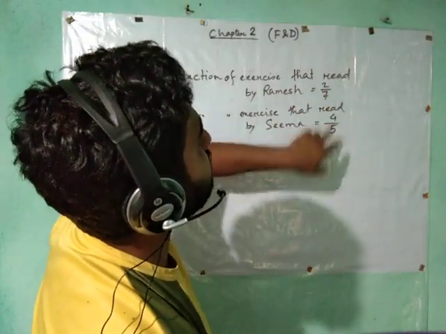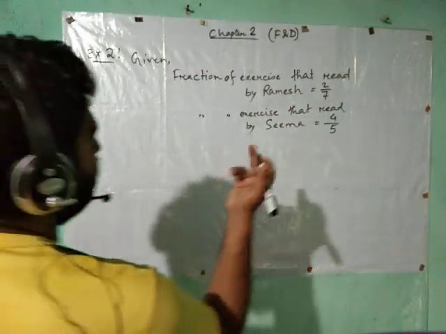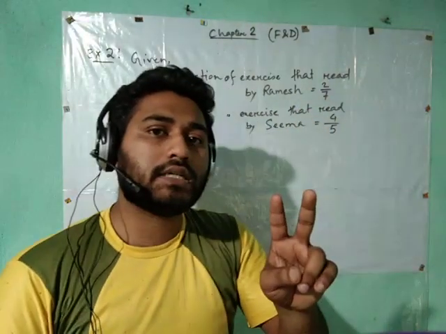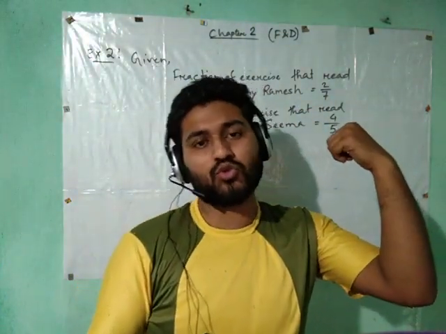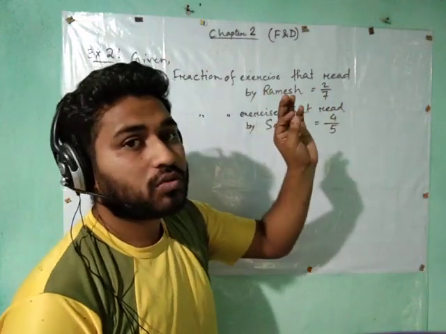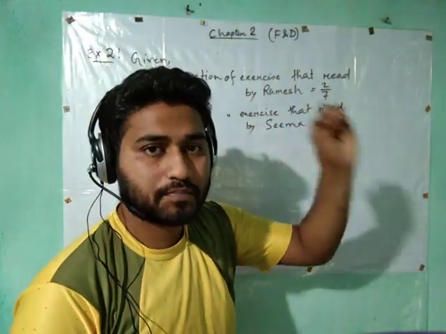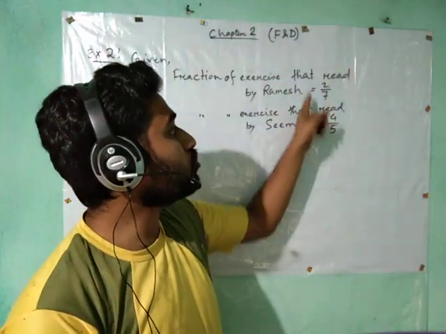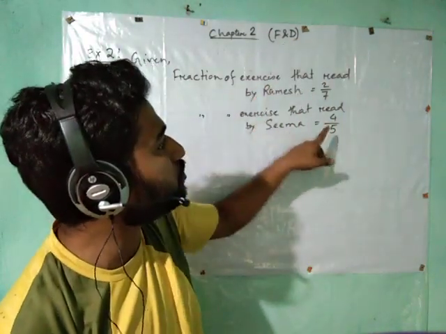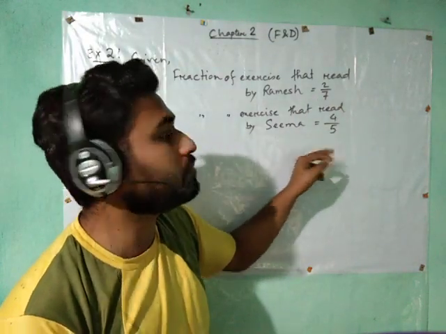Simply you have to compare these two fractions. Okay, how will I compare? There were 2 methods of comparing 2 different fractions having no similar denominators and no similar numerators. Here the numerator is 2, here the numerator is 4, here the denominator is 7, here the denominator is 5.